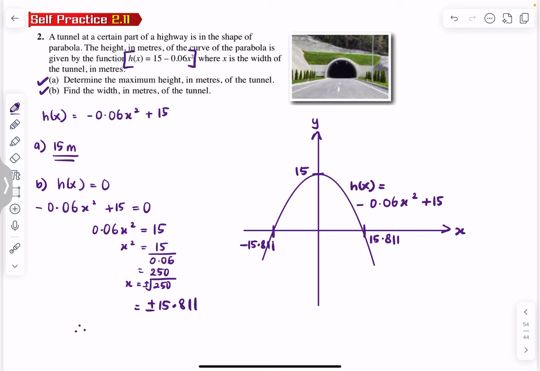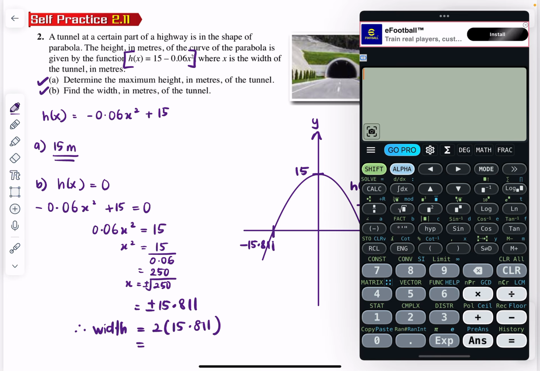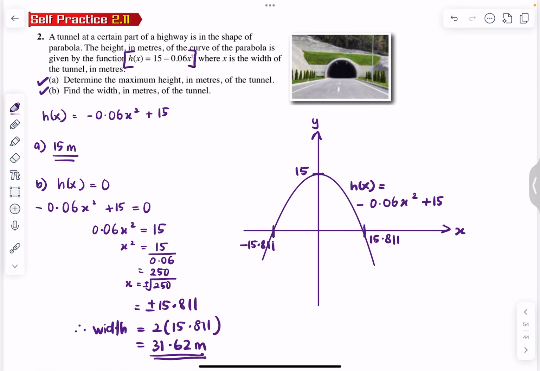Therefore, the width of the tunnel will be, from here to here, the distance is 15.811. Here to here is another 15.811. So 2 times 15.811 is 31.622 meters. This will be the width of the tunnel. So to find the width, we need the roots. That's it.